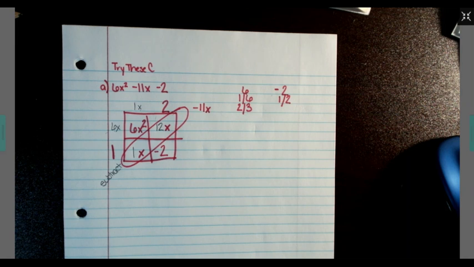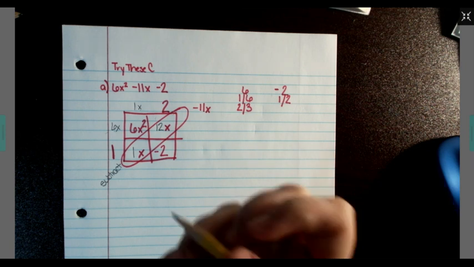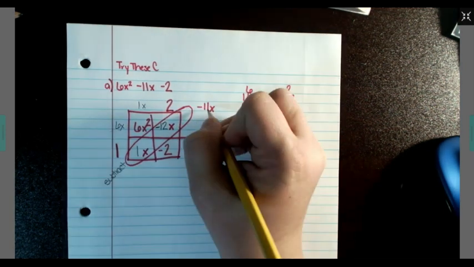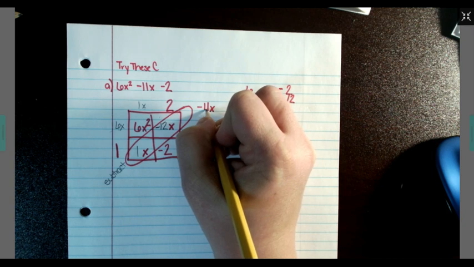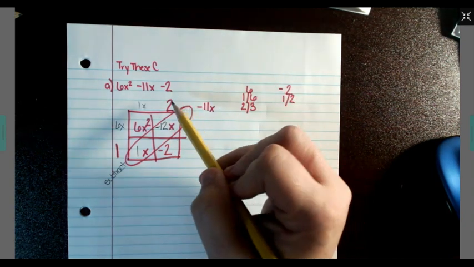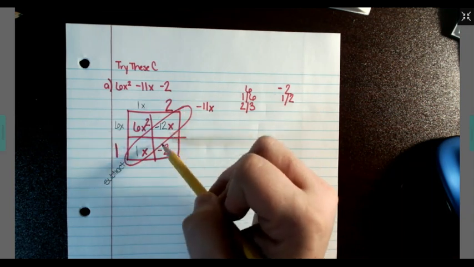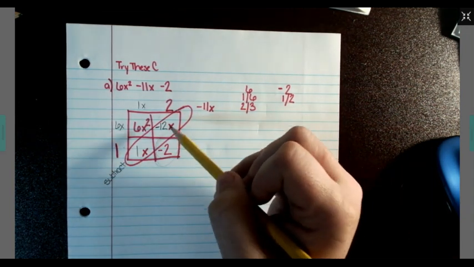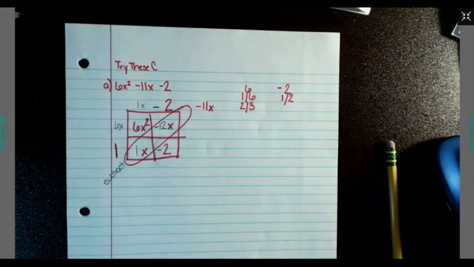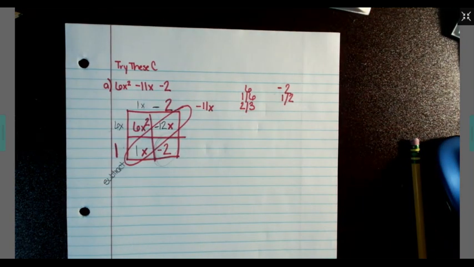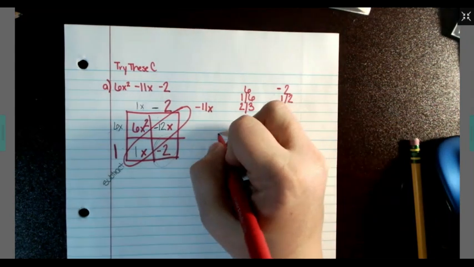Which one has to be negative? The 12, you say, right? This has to be negative in order for this to be negative. Now, either the 2 or the 1 was negative, because that was the term that's negative here. So it would obviously have to be the 2. Just so happened that we tried the right combination to start off with.